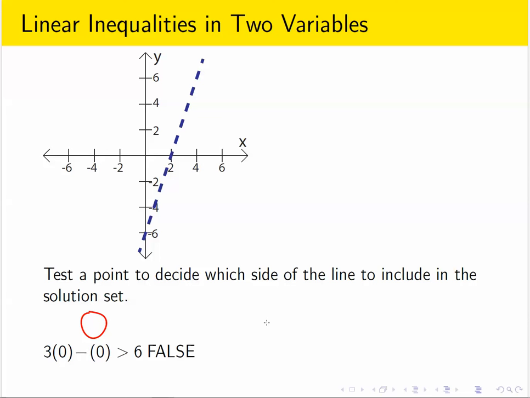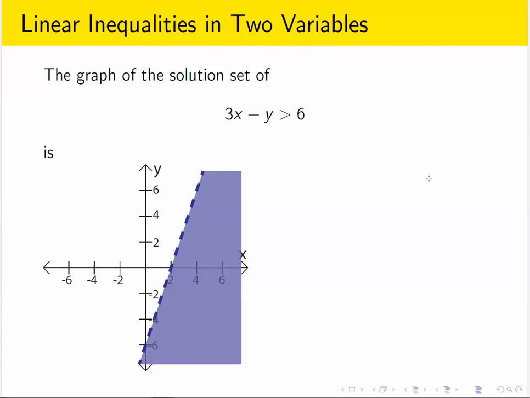So our inequality would be false if we plugged in 0, 0. That means we don't want to include the origin as part of our solution. We do not shade the side of the line that includes the origin. Instead, we're going to shade the other side of that line. And this is what our final answer would look like for this kind of problem.